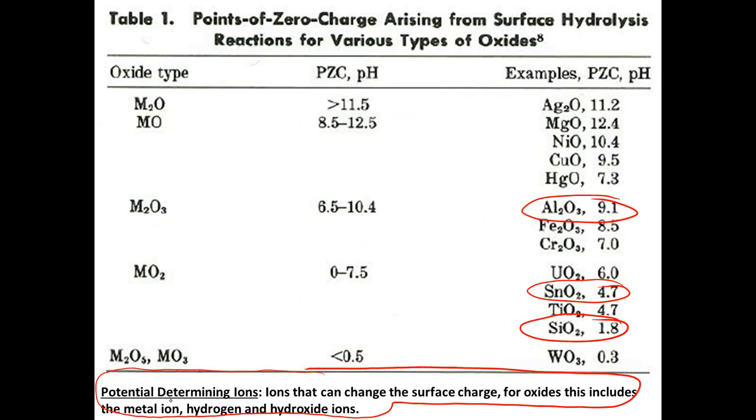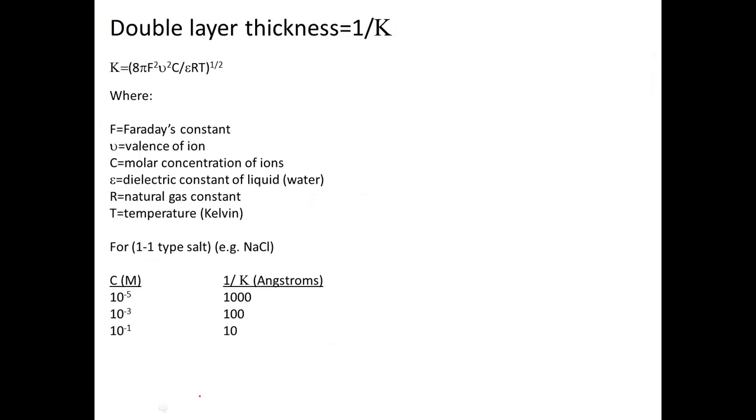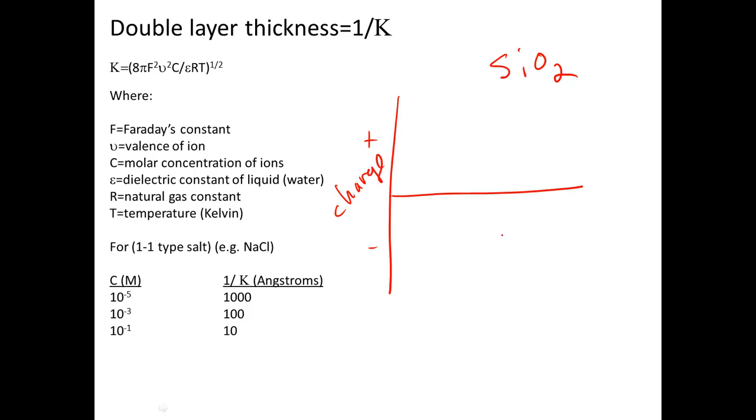So something like SiO2, which has a point of zero charge of 1.8, would have a charge versus pH curve that looks something like this, where 1.8 is our point of zero charge.